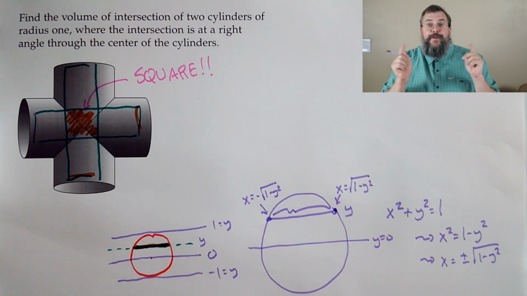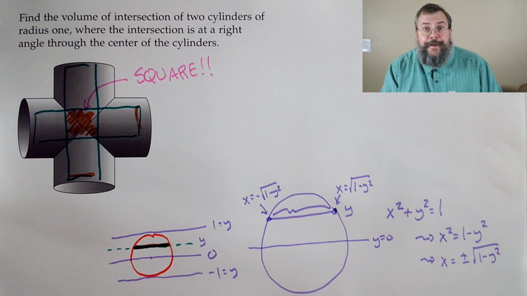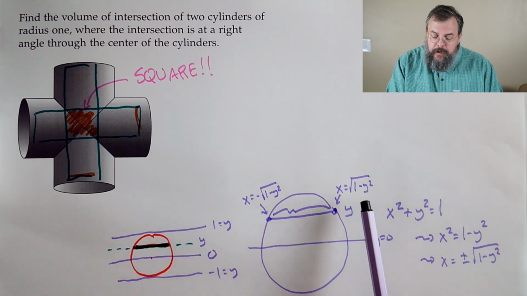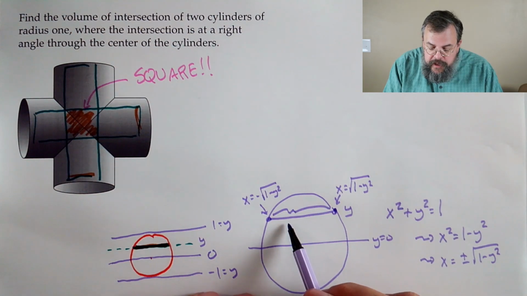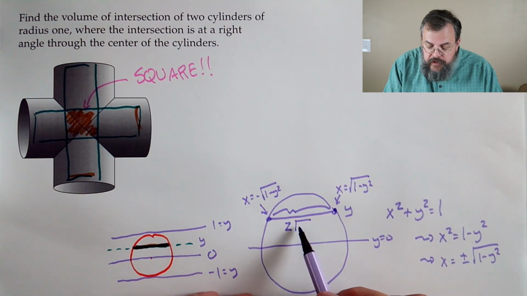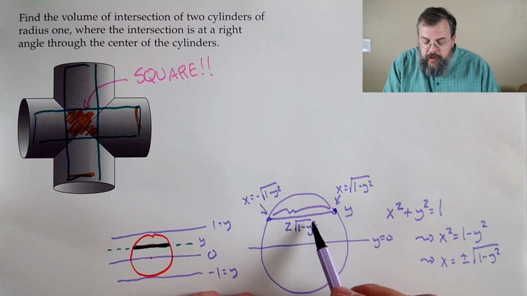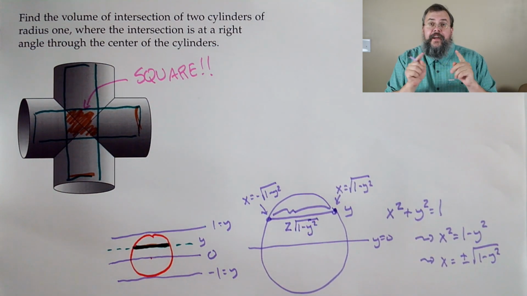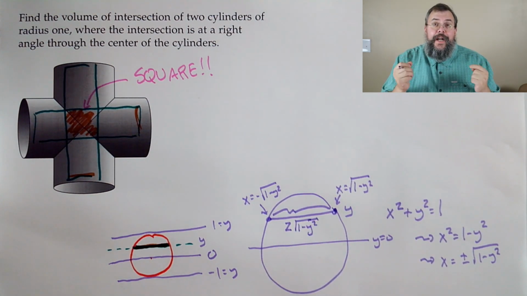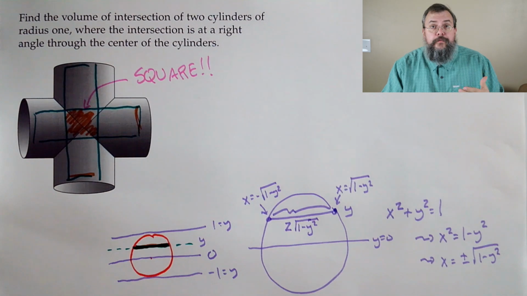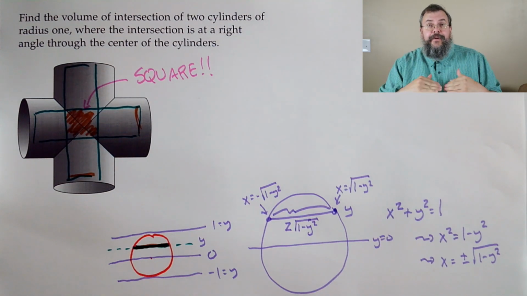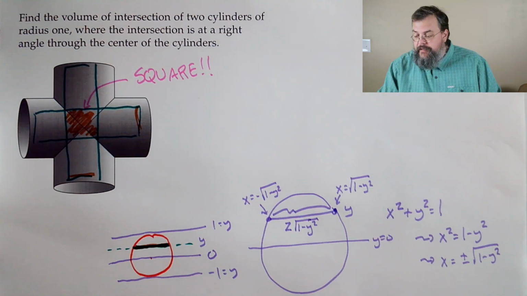So what's the length between? Well, we combine. We say, all right, it's this value of x minus that value of x, or it's 2 times the square root of 1 minus y squared. So that's the length of the cross-section. Now we're ready. We have all our pieces in place. We know that to find the volume, we're going to add up the individual areas times our little thickness.